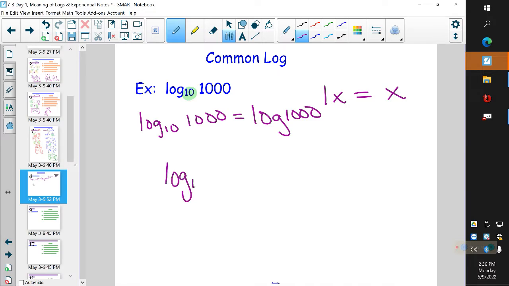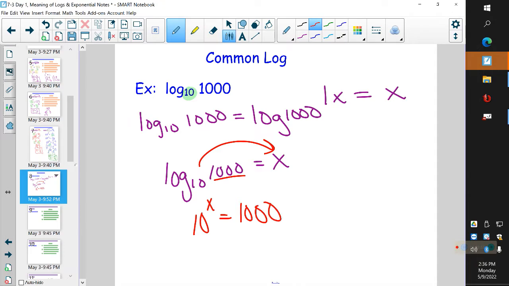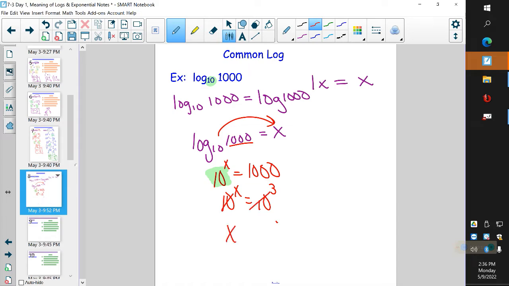So if your brain likes to keep it there, there's no harm or foul. You just simply set that equal to x and you say, okay, my base is 10. I go across the equal sign and grab my exponent, and then I set that equal to the large number. 10 is going to be a number I can't break down, but what I do know is that I can rewrite 1,000 to be 10 to the 3rd power. Now that tells you that x is equal to 3 by marking off your bases.